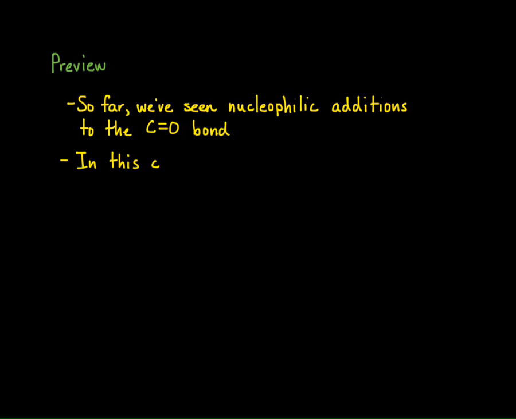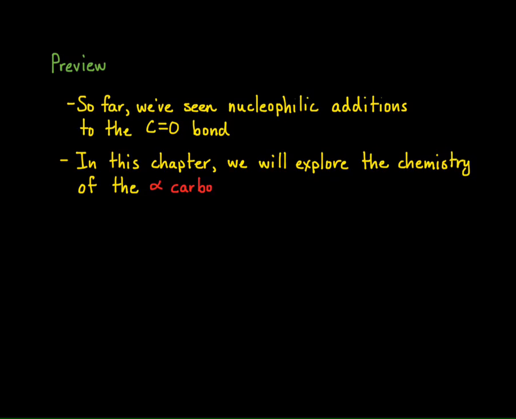But the focus of this chapter is going to be talking about the chemistry of what we call the alpha carbon. And just to give you a definition of what we call the alpha carbon, if I have an aldehyde here, the alpha carbon is the carbon attached to a carbonyl. And I could be talking about a ketone, an aldehyde, an ester or an amide or any other carboxylic acid derivative.